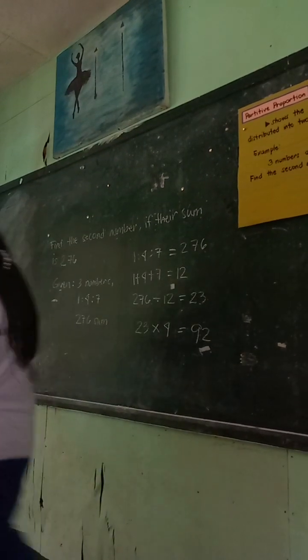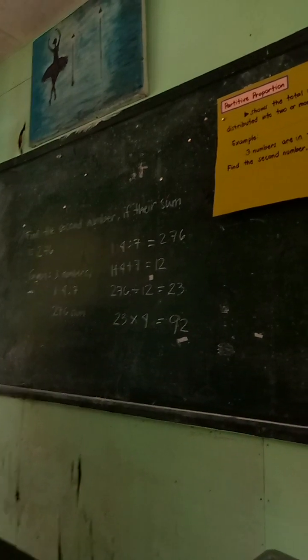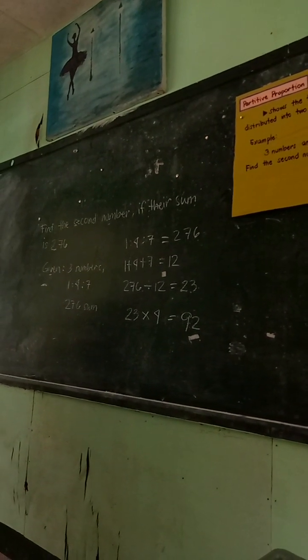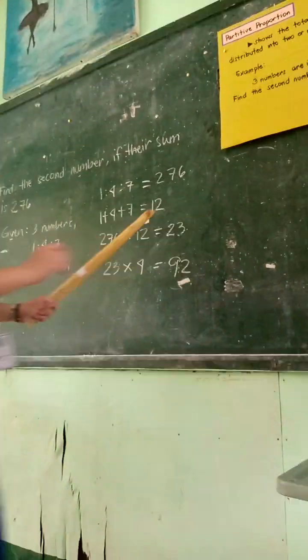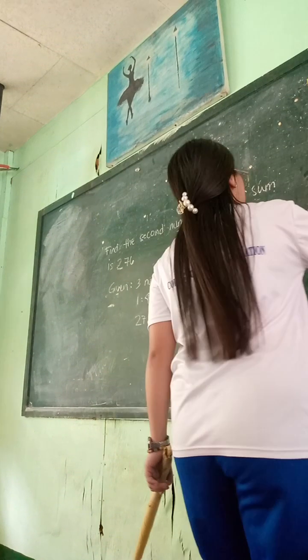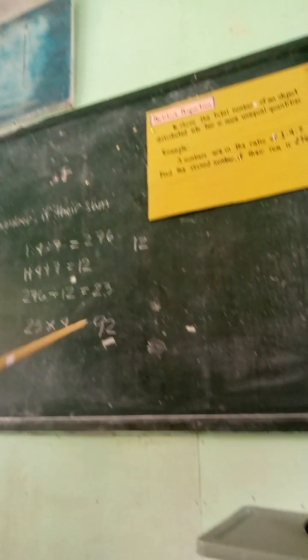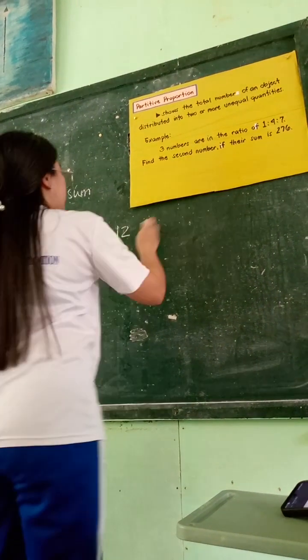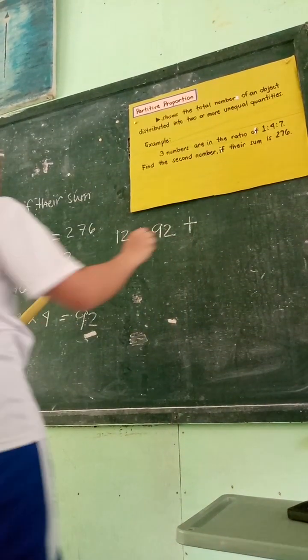Di ba, ang second term natin dito is 92. So 12 plus 92 plus 23.